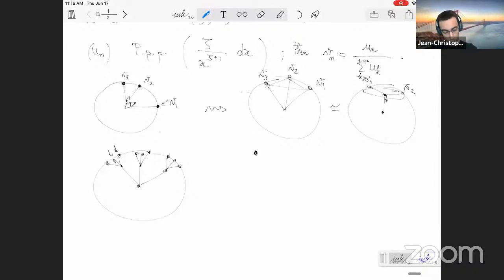Let's say we start from a root, and at first there are these weights of the Poisson point process, and then at each of these new nodes, we attach a new point process.